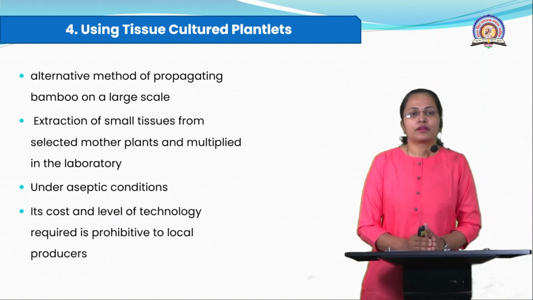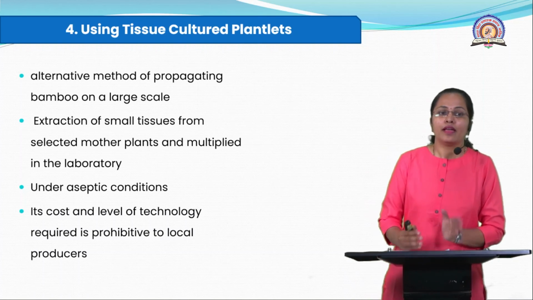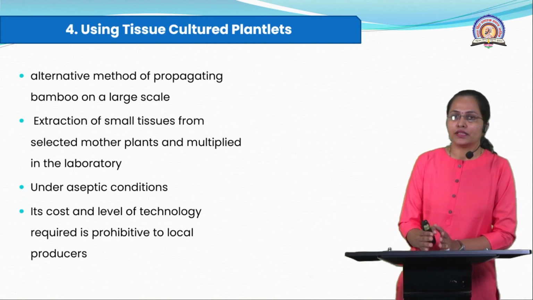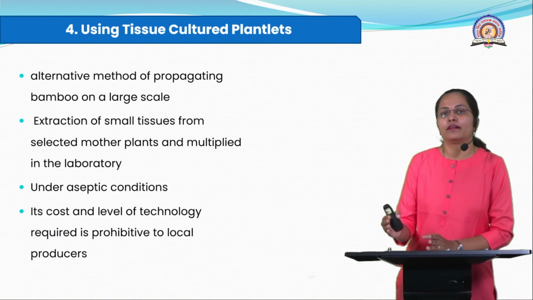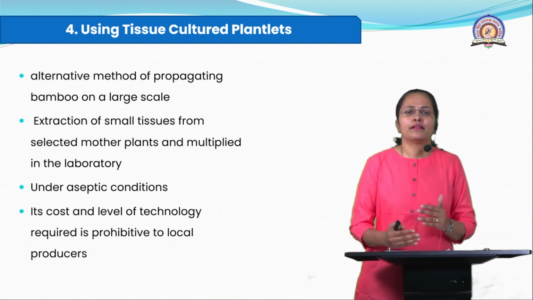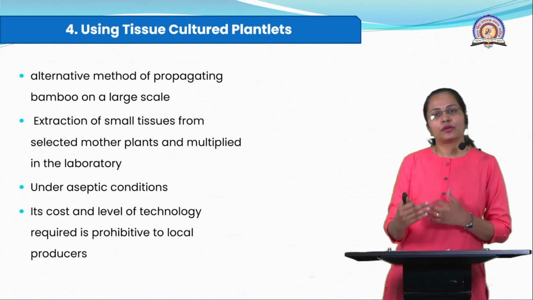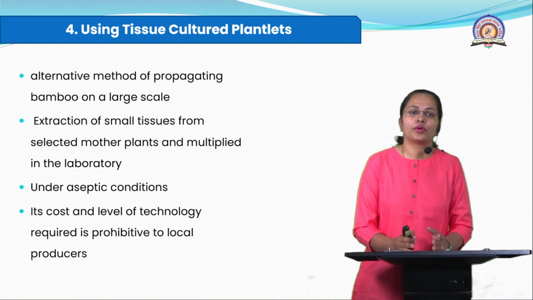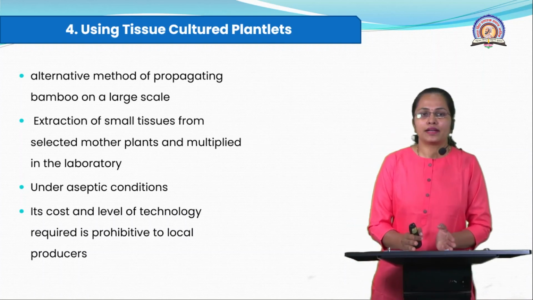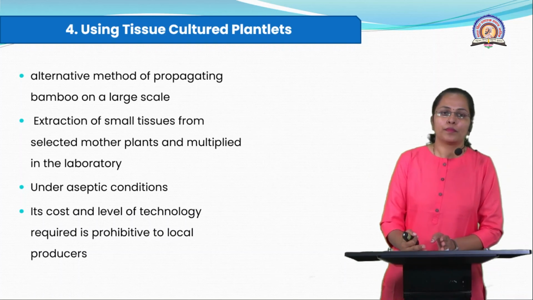In this method, a small tissue from the mother plant is extracted and then multiplied in the laboratory under aseptic condition. It leads to repeated subculturing, transplanting, hardening, and then growing in nursery beds. We are going to get n number of plantlets by using small tissues from the mother plant.